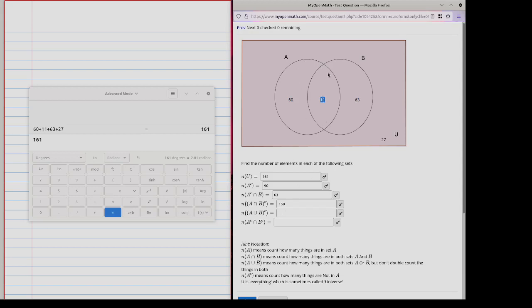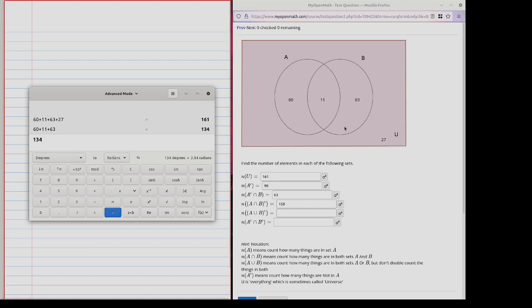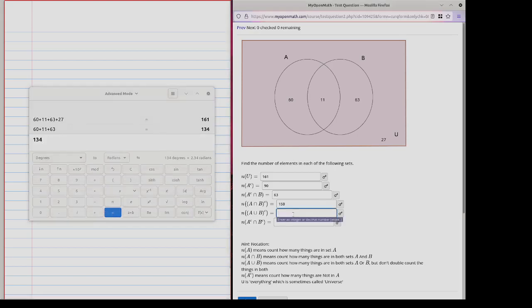You wouldn't want to count 71 in A plus 74 in B, because you'd be double counting the 11. But if we just count the things that are in A or B, that's going to be the 60 plus the 11 plus the 63. So that would be 134.